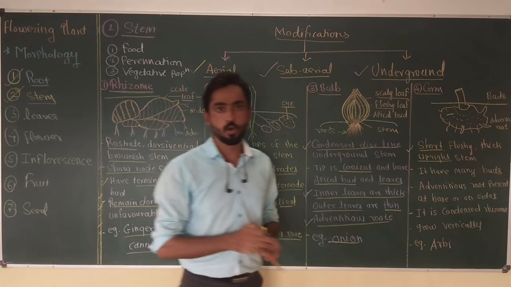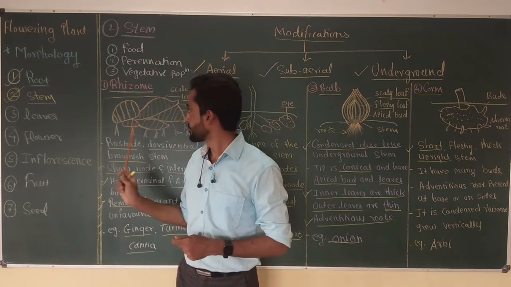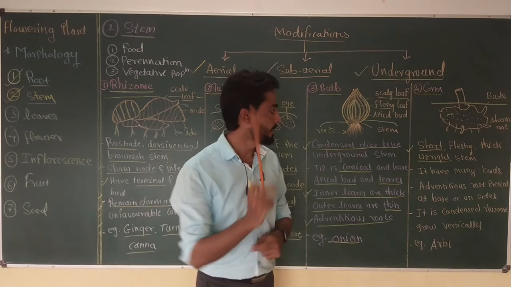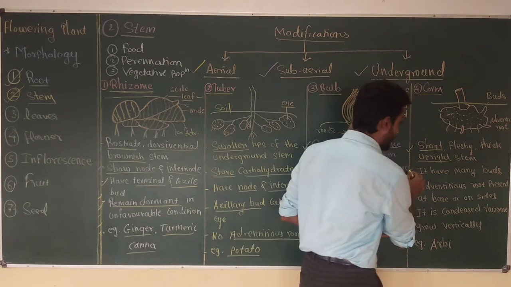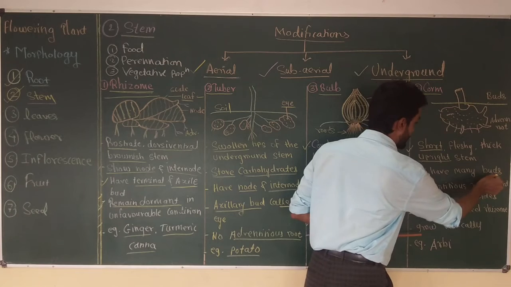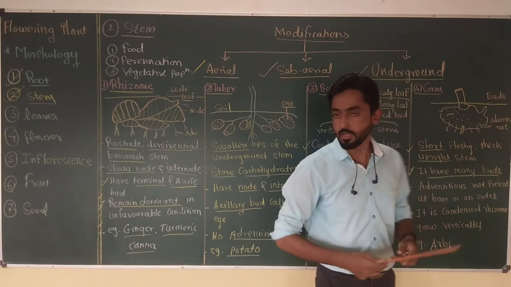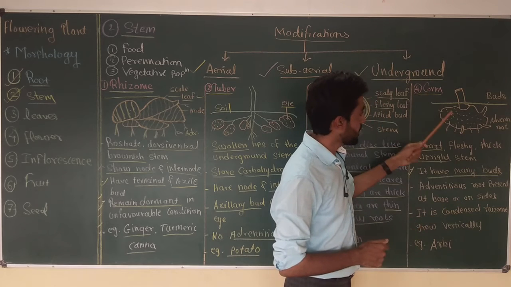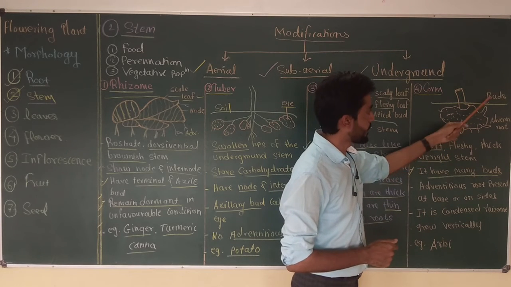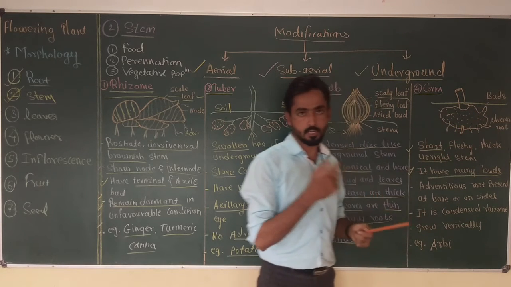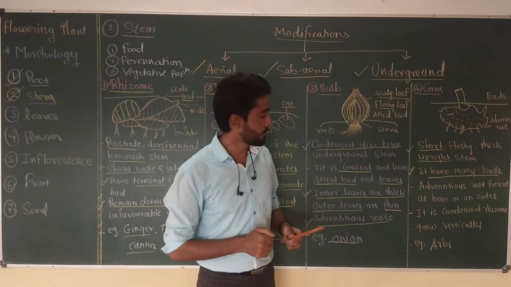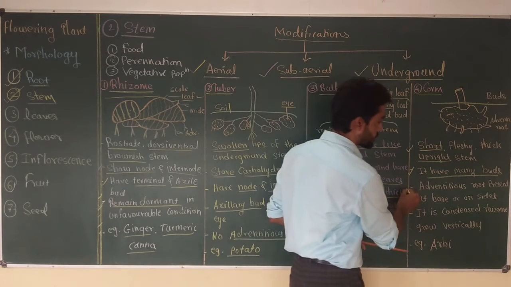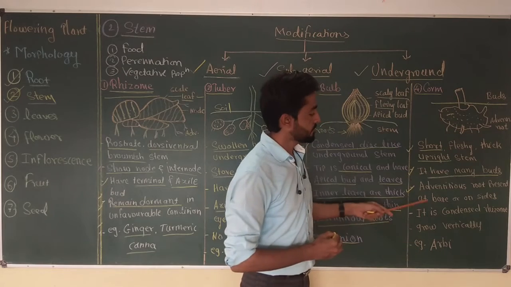They do not grow horizontally as the rhizome does. Now it has many buds. That means, similar to the rhizome and tuber, the corm also shows different types of buds on its surface, like the terminal bud and axillary buds. The adventitious roots are present at the base or on the side.